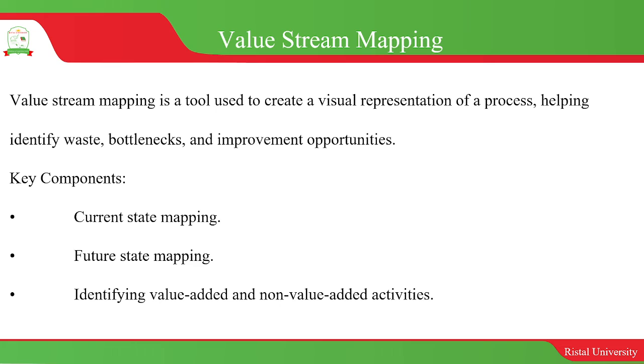Well, next is value stream mapping. Value stream mapping, VSM, is a tool used to create a visual representation of a process. This helps in identifying waste, bottlenecks, and improvement opportunities. Key components: we have current state mapping, future state mapping, and identifying value-added and non-value-added activities.